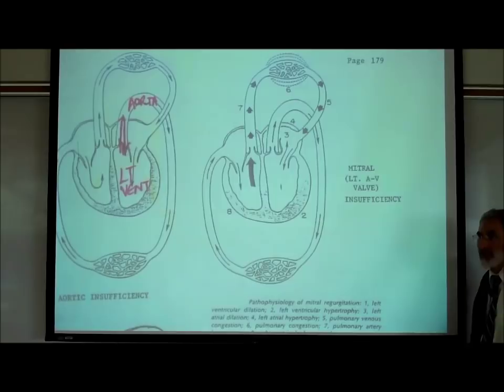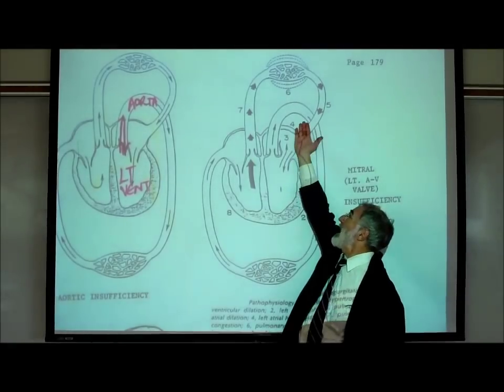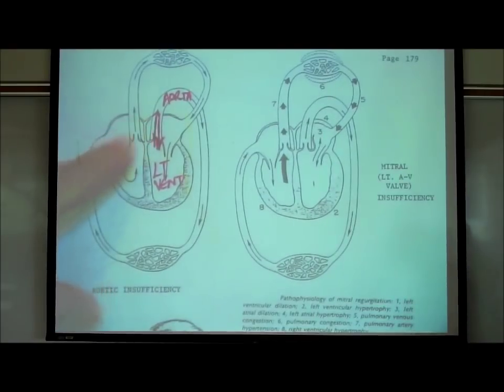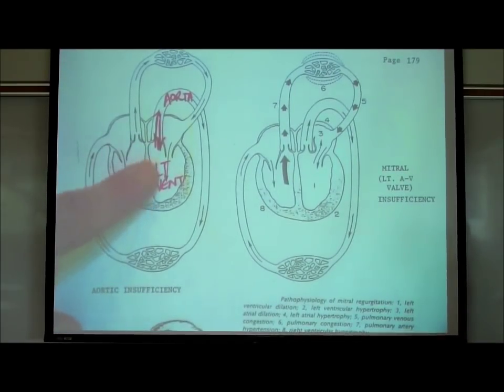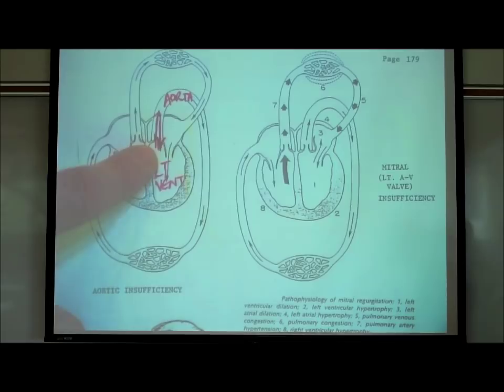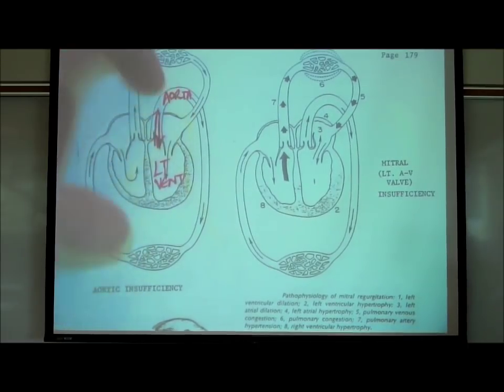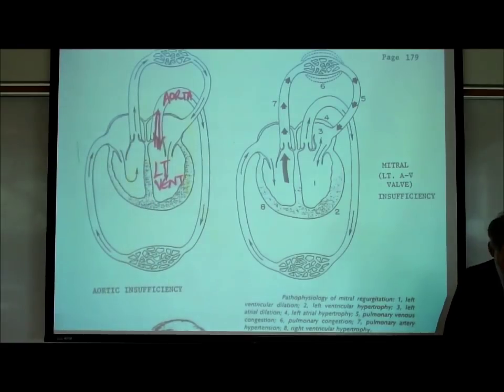It doesn't close. So when it should be closed, it's not closed, so the blood regurgitates backwards. In this case, arrows going in both directions indicate that because of an insufficient aortic valve, the left ventricle ejects the blood out of the aorta and then it flows backwards right back into the left ventricle.